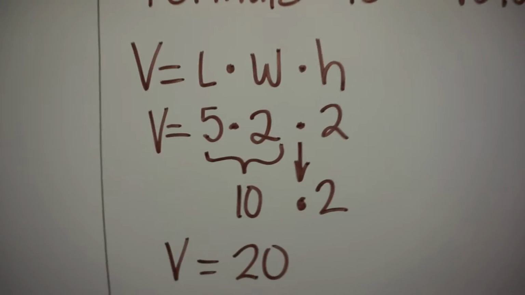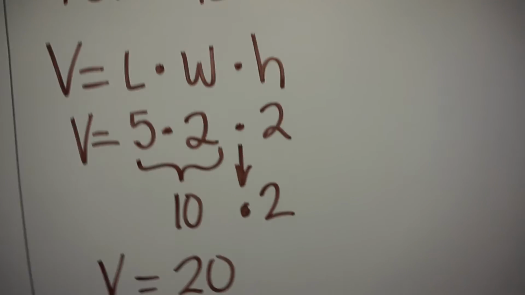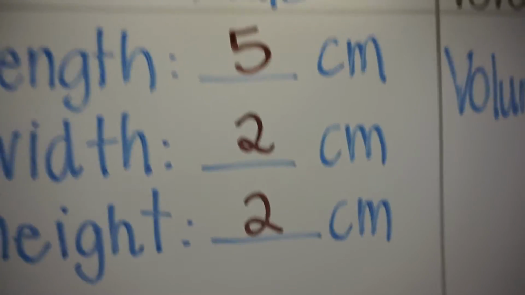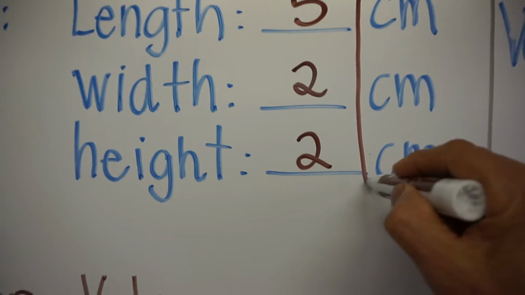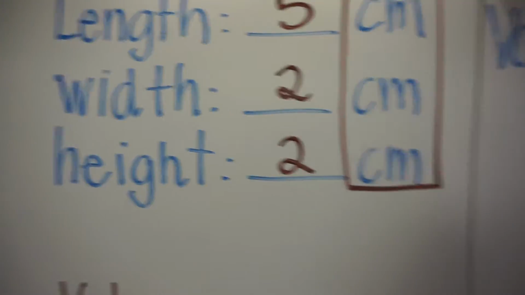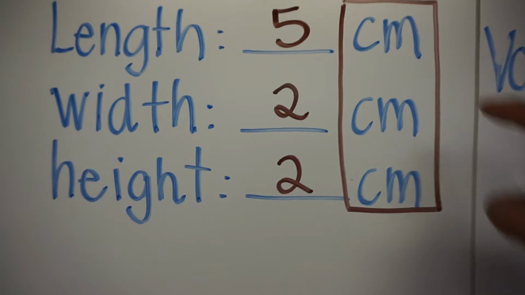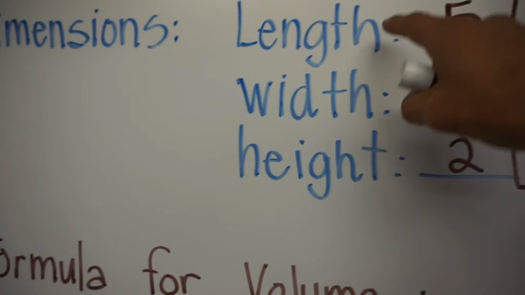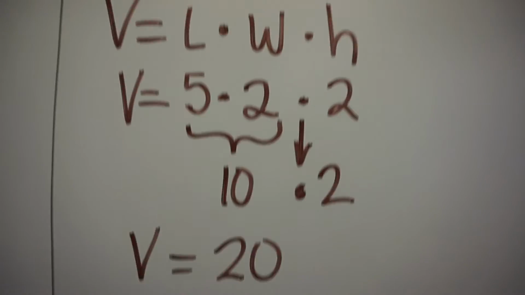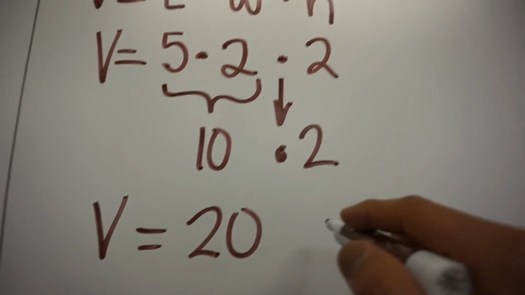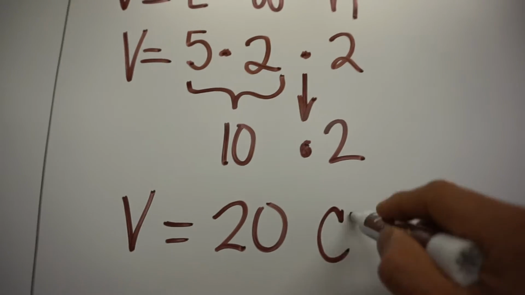Okay, my friends. So there's a step I missed. If you look at the dimensions, we have centimeters 3 times, representing 3 measurements. So if the answer for volume is going to be 20, it's going to be 20 centimeters.